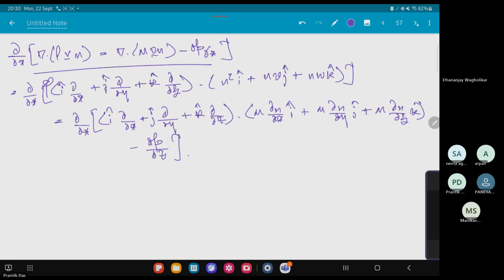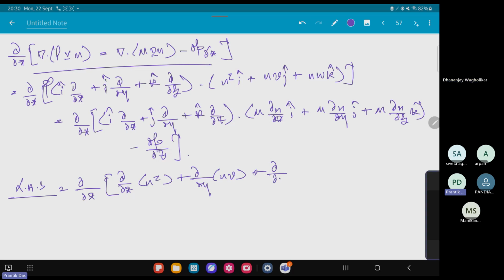Okay, is it clear to all of you? So the left hand side of the equation can be further reduced into ddx of u square plus ddy of uv plus ddz of uw.